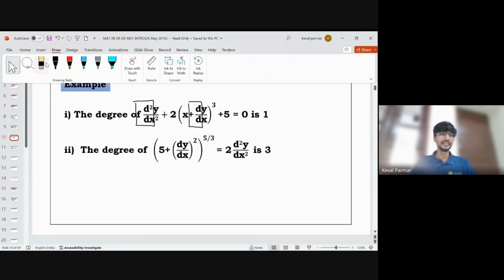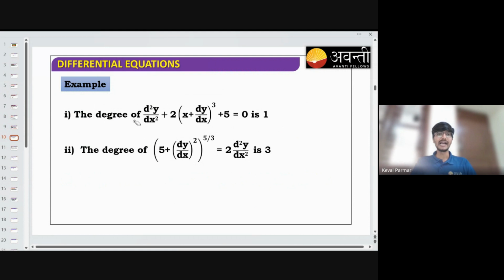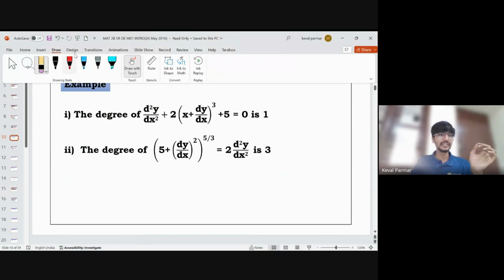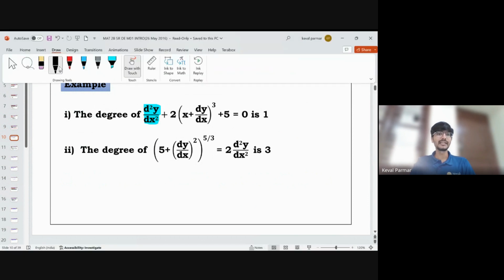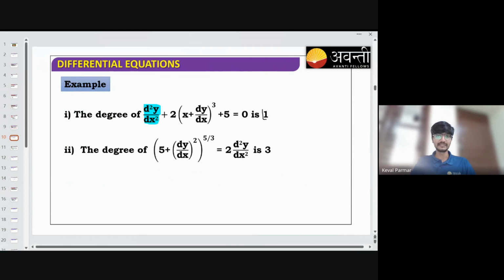Now, what is the degree? Degree means the power of the highest order. So here we have the highest order as d2y by dx square. What is its power? Nothing is written, meaning it is raised to 1. That means the degree is 1.